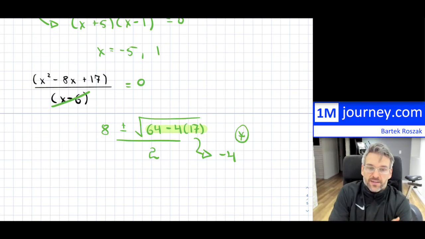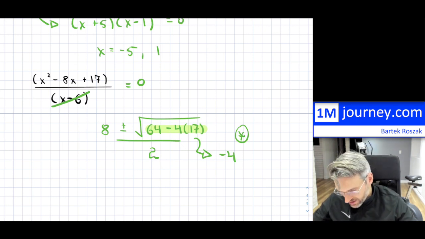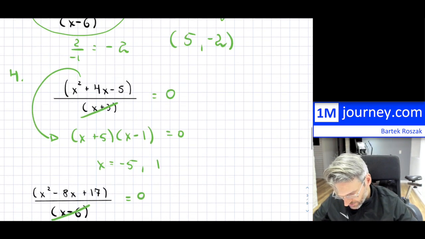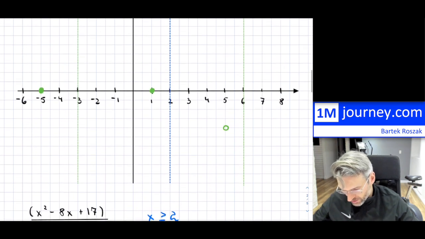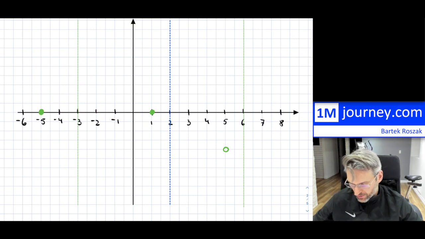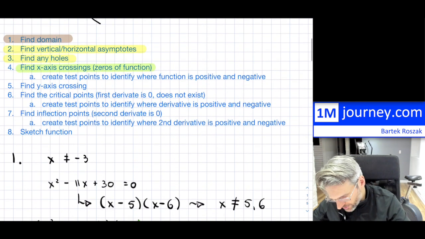Okay, so this is not going to have any roots at all, because in that square root you're going to get -4 underneath there. So that's not possible. So that means this actually doesn't have any zeros. So those are the only zeros we are going to be running into. So there's going to be just 2 crossings in here. And I guess the rest is going to happen around those asymptotes. Okay, so we have our 0 crossings.